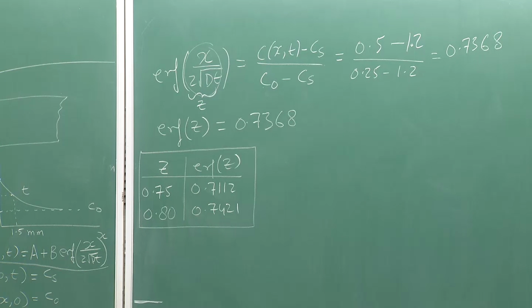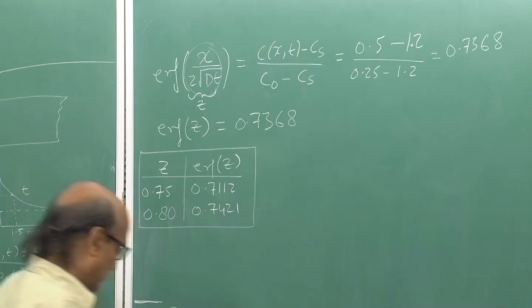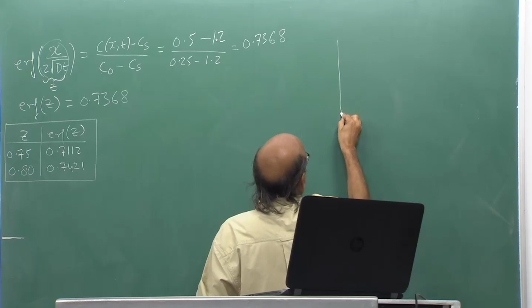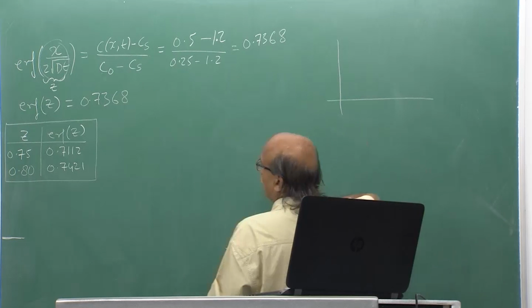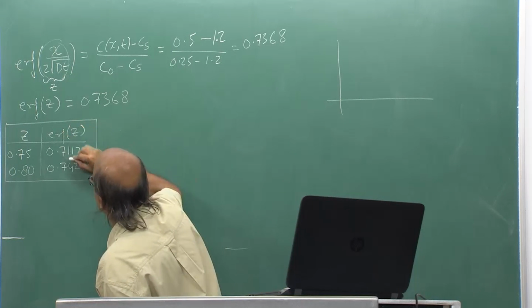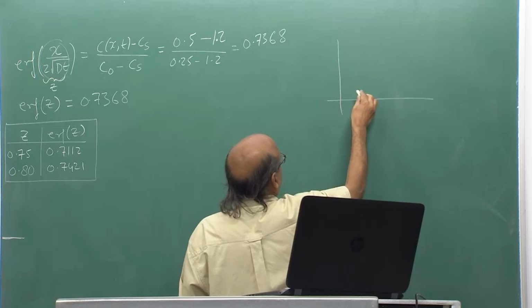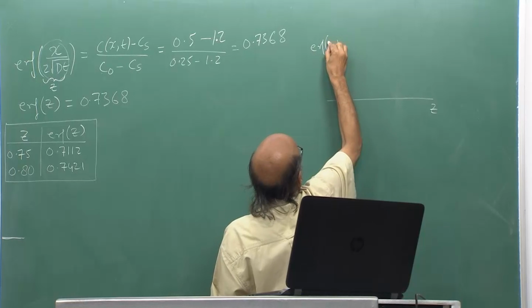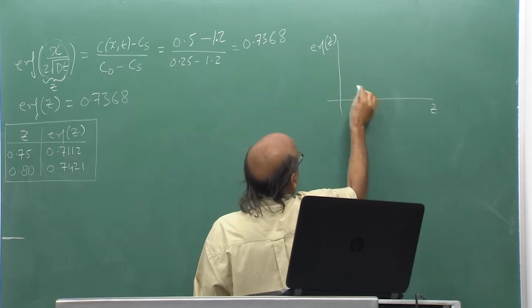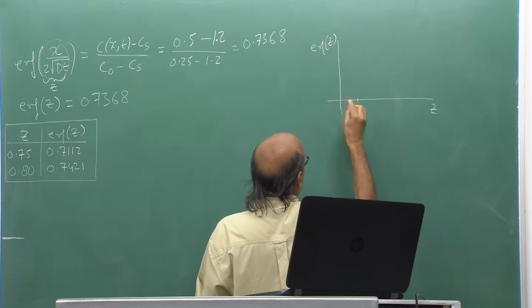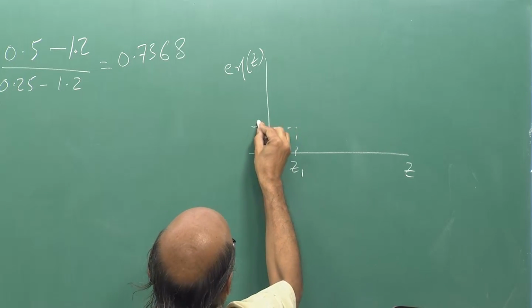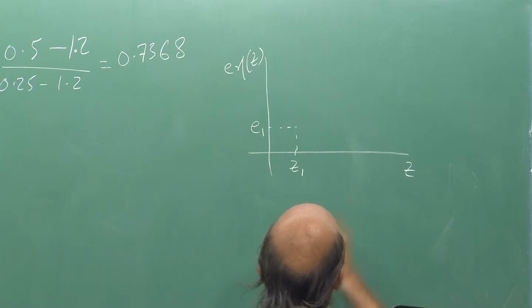How to do this linear interpolation? Well, let me just do this little exercise. Let me take these two values of z and error function of z. Let me say this is z and this is error function of z. So, for Z1, I have the error function value, let me call it E1.